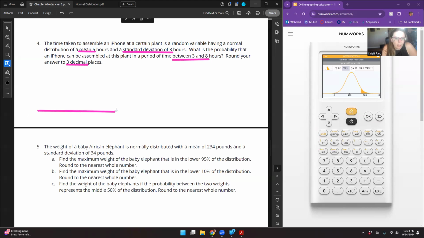Okay. I'm going to draw a picture. Bell curve. Now, the mean is 5. That's in the middle. 3 is on this side of 5, and 8 is on this side of 5. So let's get those lines in.